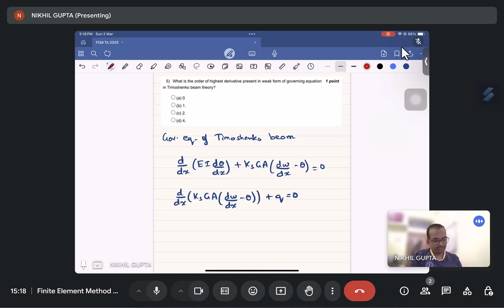Can you tell me whether the governing equation is in strong form or weak form? I'll wait for 2 minutes for all of you to think. Since there is no weight function attached to it, this is a strong form.